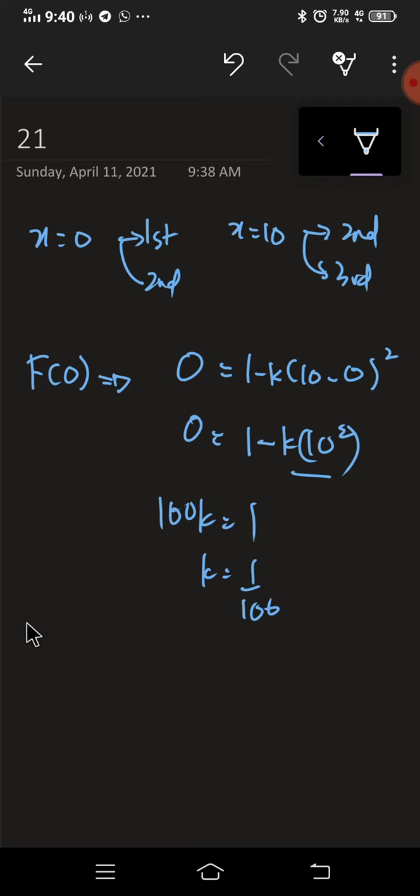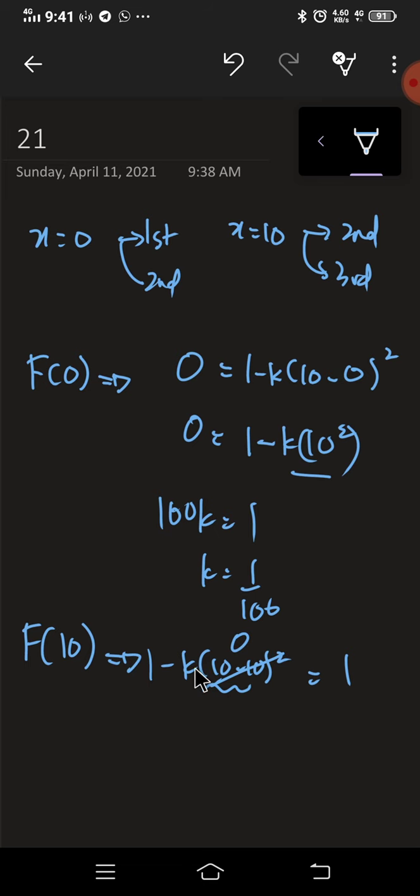Let's say we want to use the 10. Let's say we want to find the capital F of 10. So what do we get on the left side? We get 1 minus k of 10 minus 10 squared. And the right side, for x equal to 10, we can use function 1. Okay, this is also true. But if we use this 10, what we get here is 0. So 0 multiplied by k will eliminate the k. So we are actually not finding the value of k.